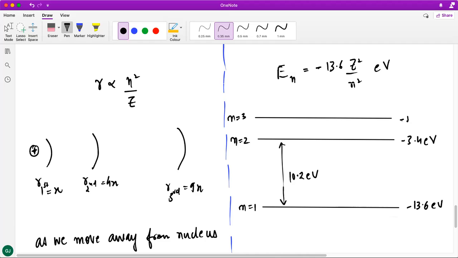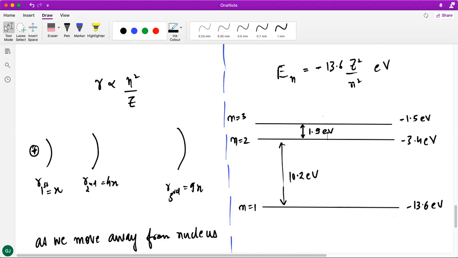And you will get this as minus 1.5 eV, 1.5, 1.51 ऐसा कुछ आ जाएगा. Right? So can you notice the gap diminishing, right? How much will this be? This will be around 1.9 eV.